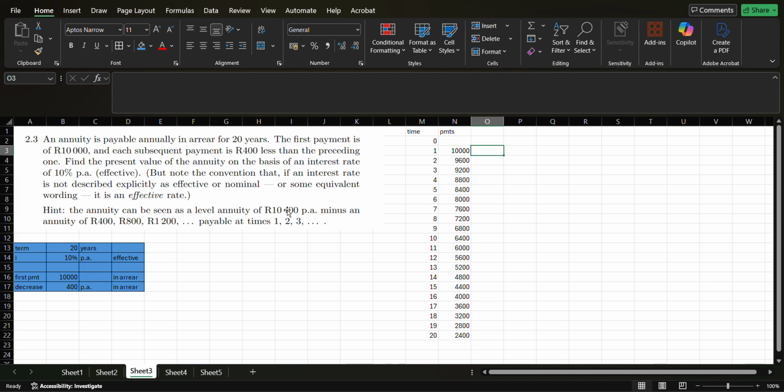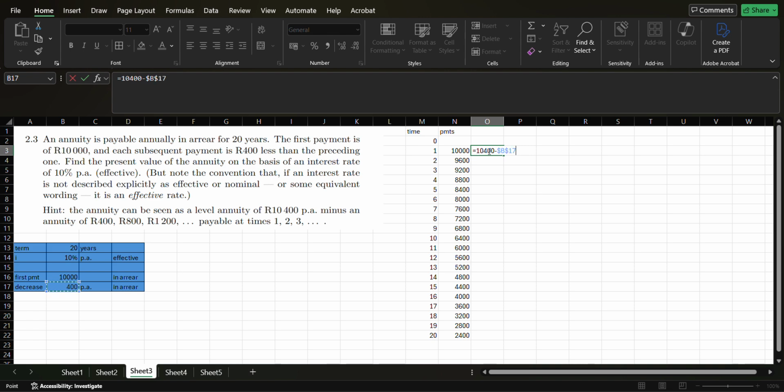Another way to do this is using this hint where you see it as a 10,400 flat annuity minus an increasing annuity. You could use a formula for, I think it's a linear sequence, where you say 10,400, that's your flat annuity. That's your fixed value. I even typed it in as a value so that it doesn't change.